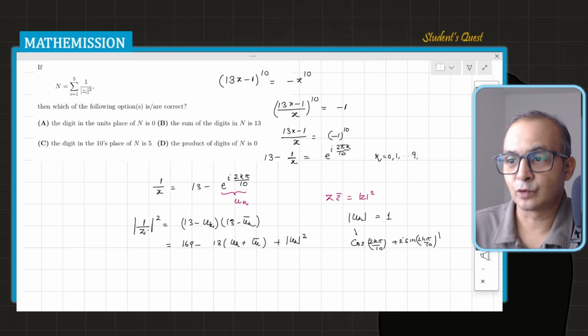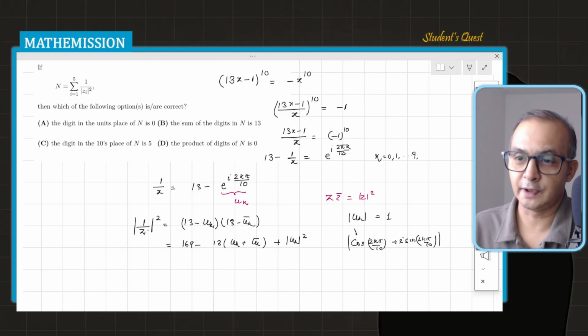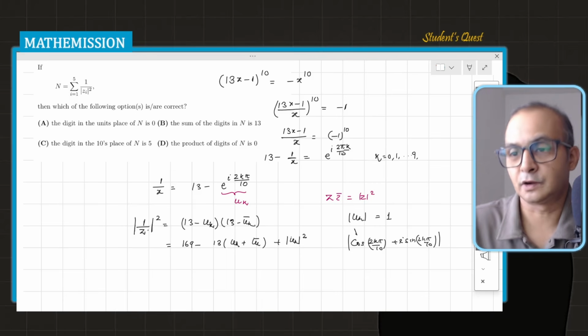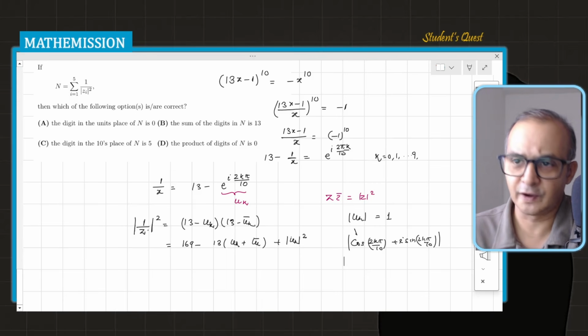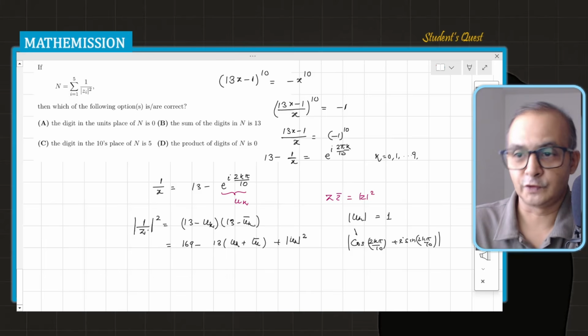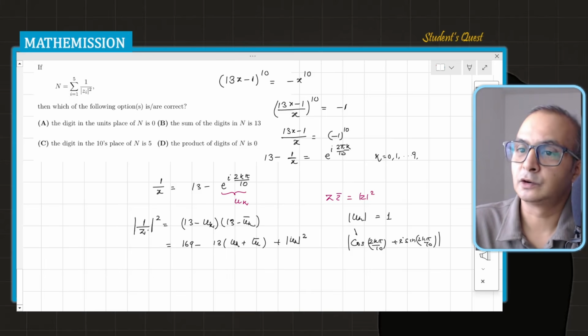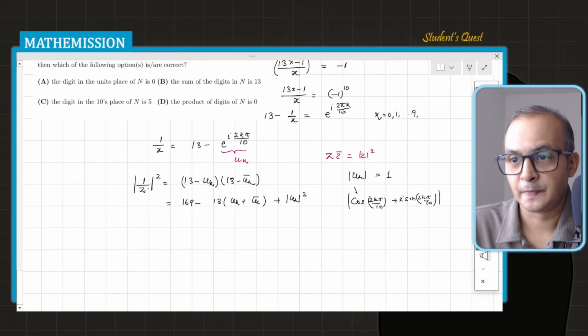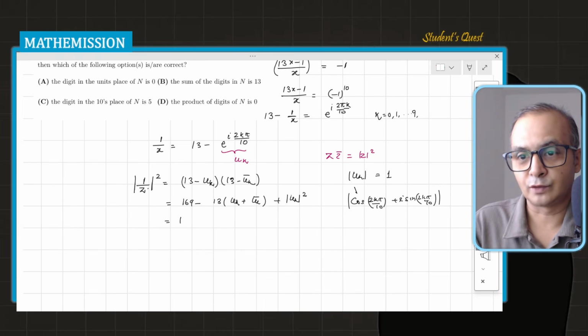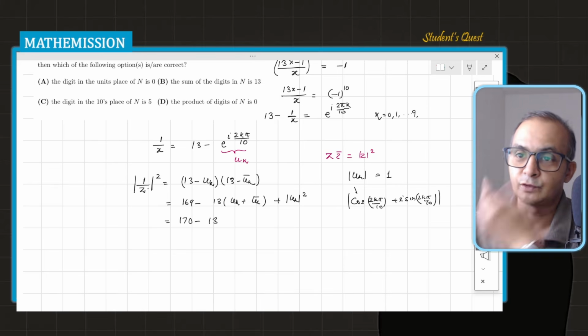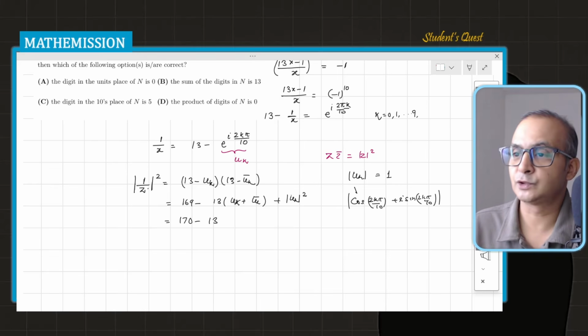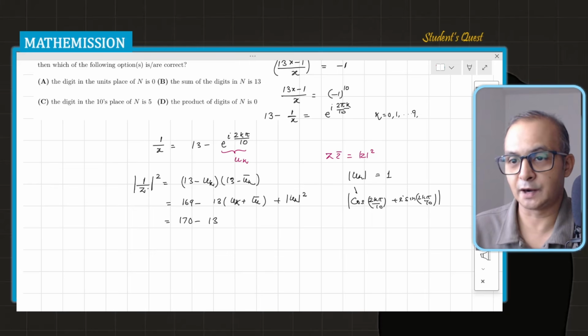It doesn't matter what value of k you take, the magnitude of that complex number will be 1, because you are finding the 10th roots of unity. So the magnitude of each such root is 1. So we can write 170 minus 13 times, and there is also a wonderful thing here: uk plus uk bar is nothing but the real part of uk.